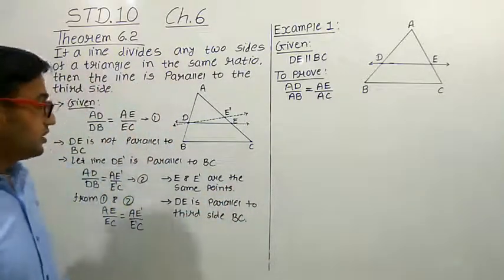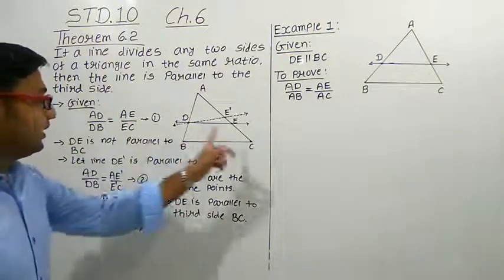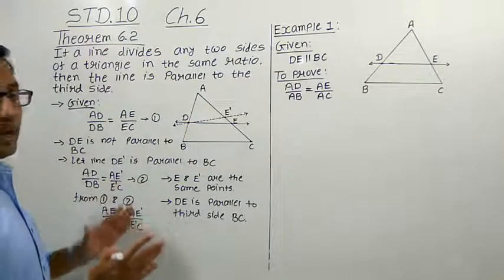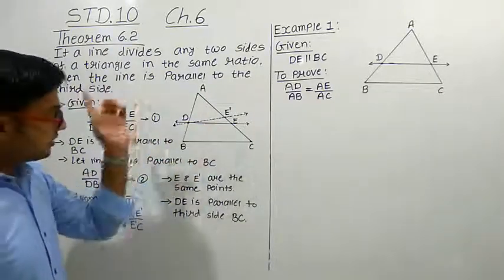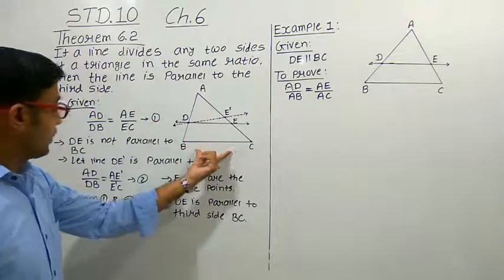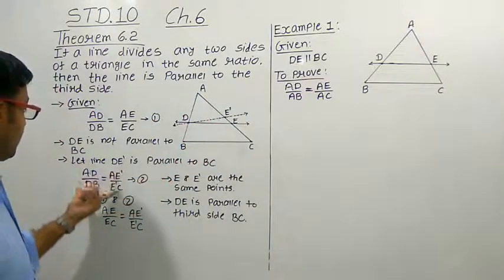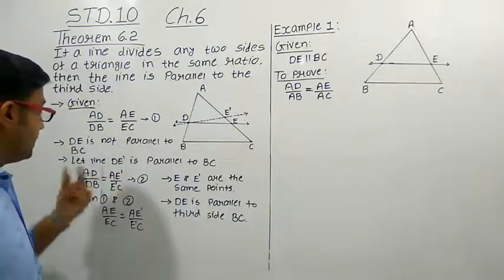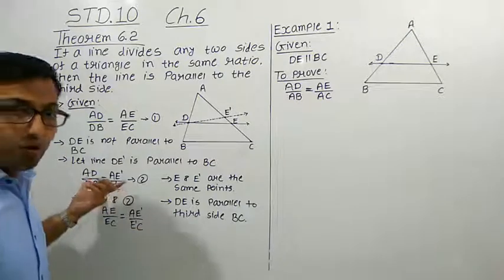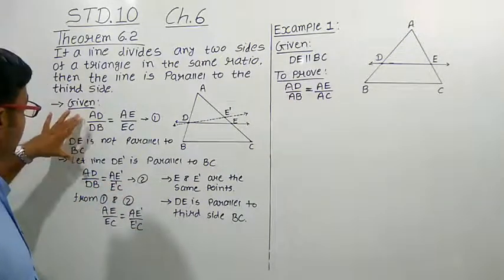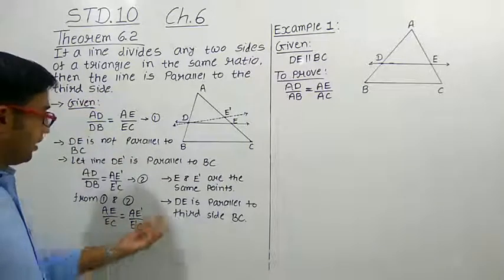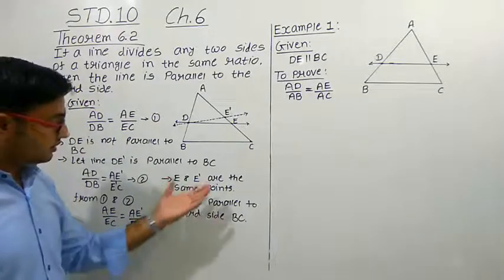Understand? See, first of all, we do not take that DE is the parallel line, because that is what we have to prove. That is why we take another line, DE dash, and suppose that DE dash is parallel to BC. So according to Theorem 6.1, we can write AD upon DB is equal to AE dash upon E dash C. Now when we compare whatever we have been given with this, we see that the points E and E dash are the same.